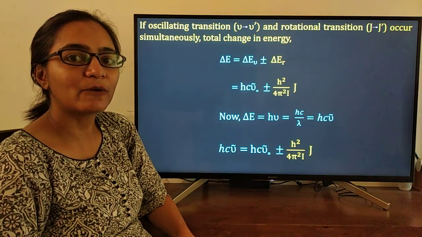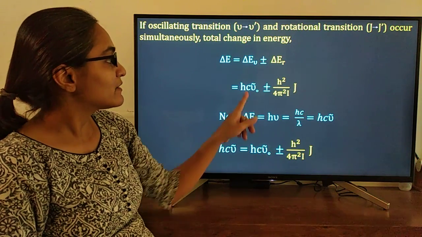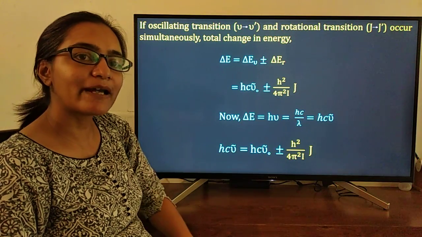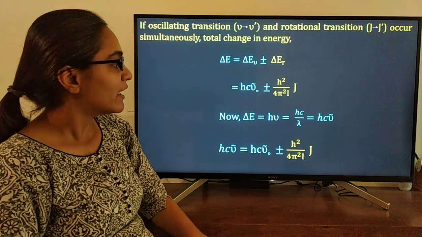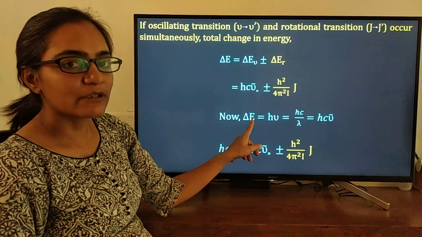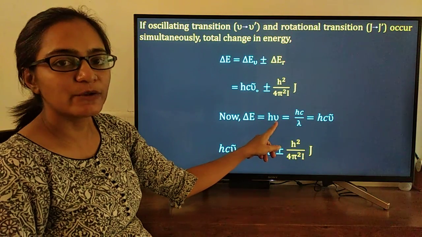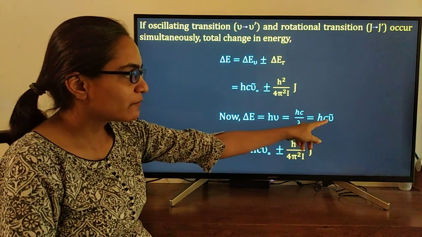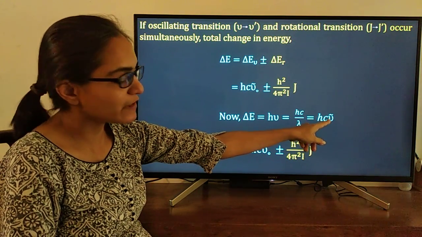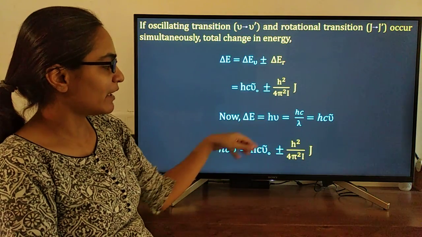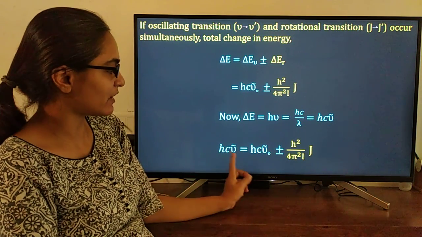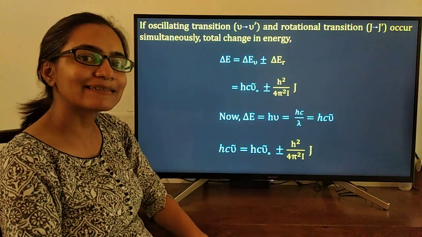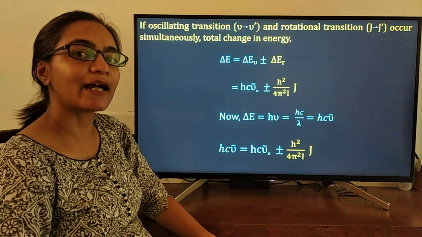By putting the value of vibrational energy, hc nu bar 0 minus h square upon 4 pi square I into J. And normally we know that energy is equal to h nu, nu is equal to c upon lambda, and 1 upon lambda is the wave number, equal to nu bar. While comparing all three equations of energy, hc nu bar is equal to hc nu bar 0 plus or minus h square upon 4 pi square I into J.